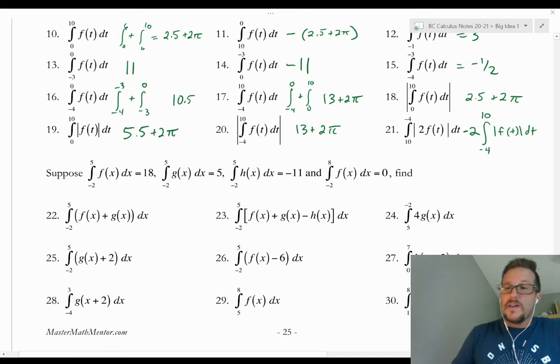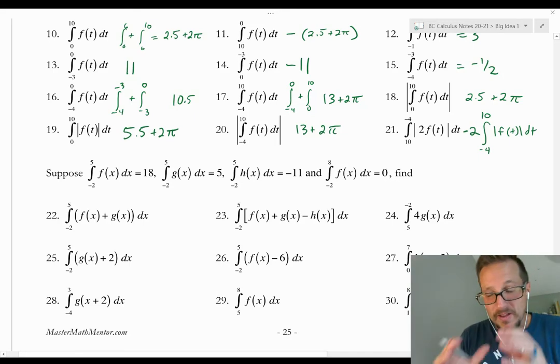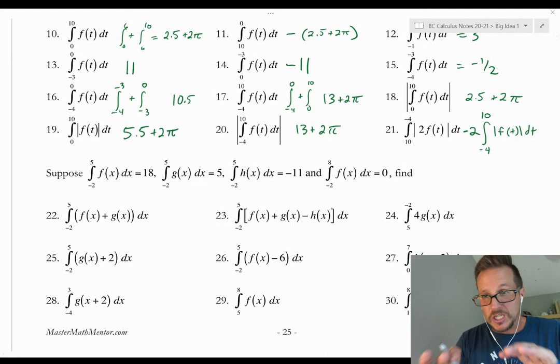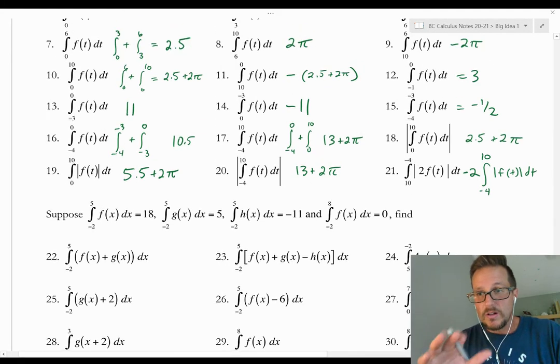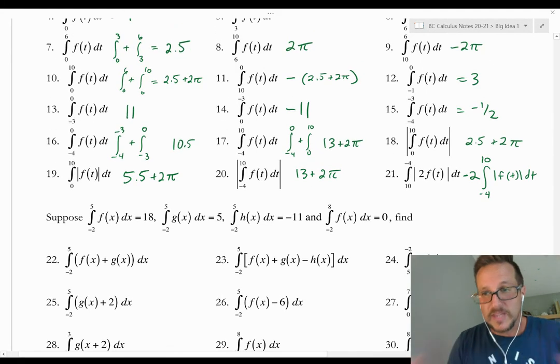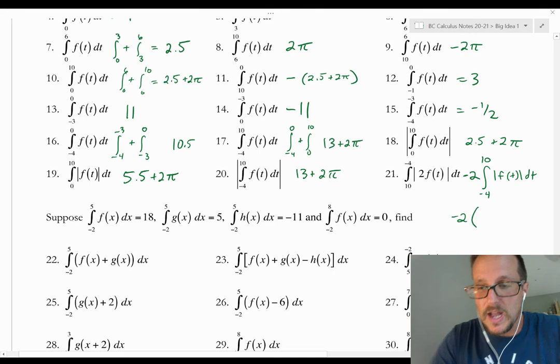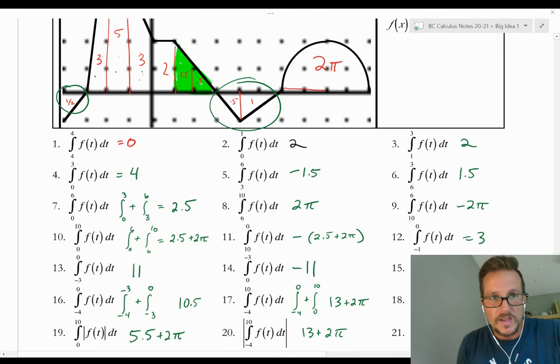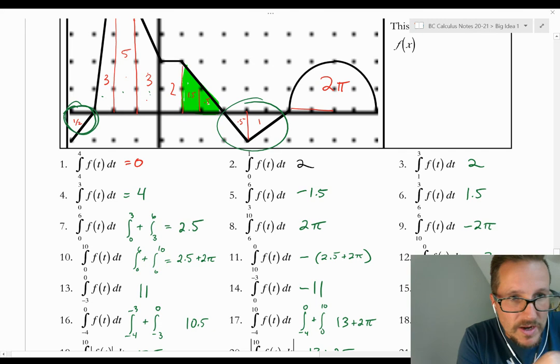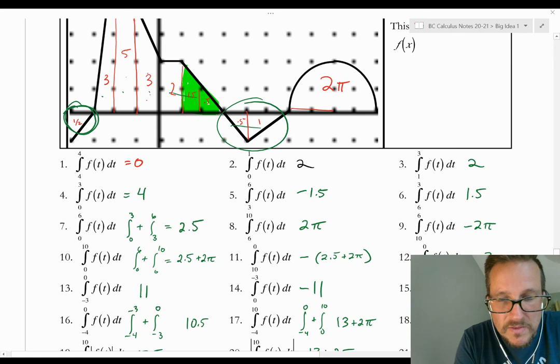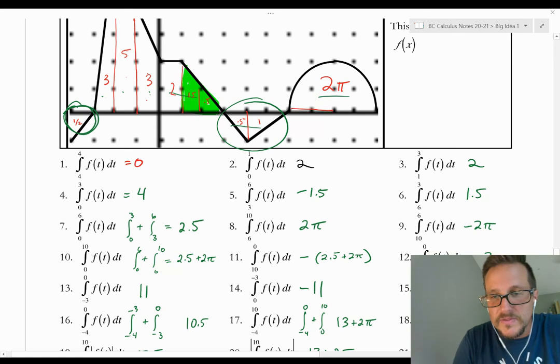And now, remember, absolute valuing f means the function changes. All those little pieces are above the x-axis. So -2 times, let's go back up. So this little critter here, that's now +1/2, +11, +4, +1.5, and +2 pi.